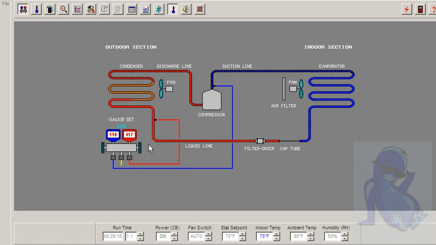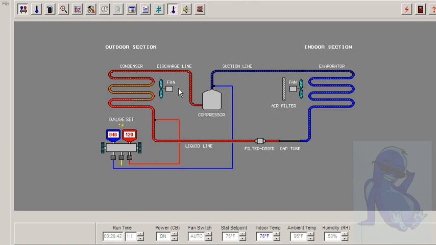If you've got a nice digital gauge set like this one, you can just press one button and convert these to temperature. Right there, we've got 40 degrees change of state in the evaporator, 120 degrees change of state in the condenser.